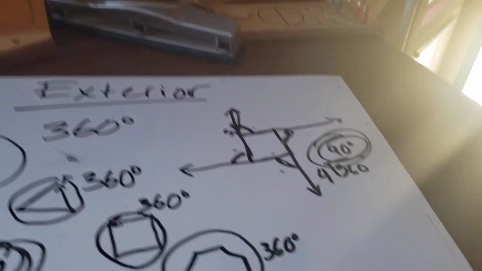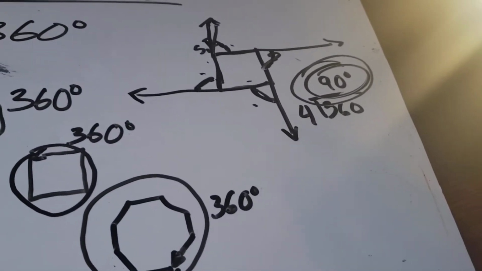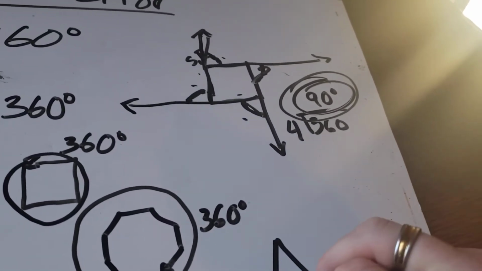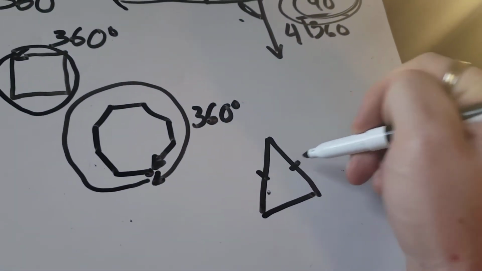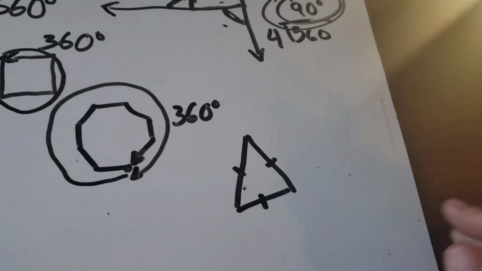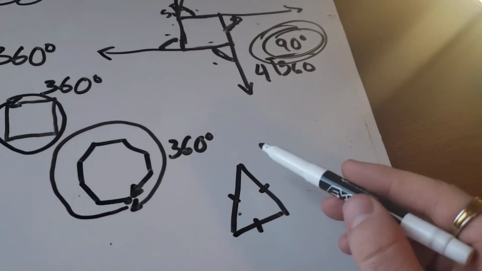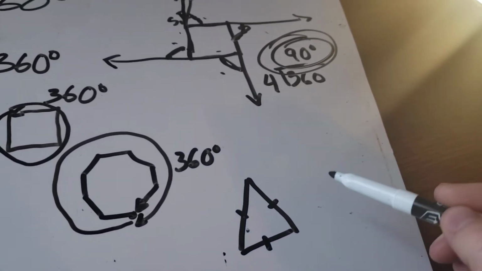Let's visit one more idea really quickly. All right. So let's call this a regular triangle. I'll show you that it's regular by telling you this side is equal to this side is equal to this side. So let's look at the interior angles. Okay, how many diagonals can I draw? 0.